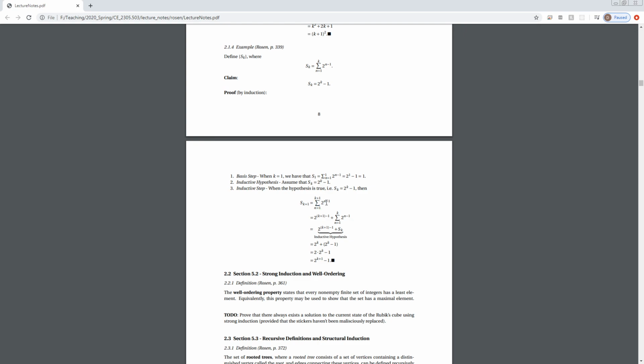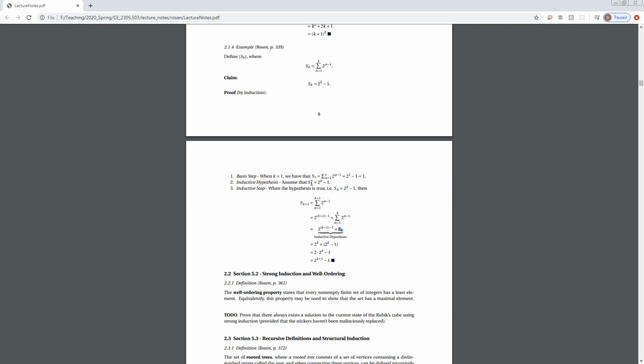And then, again, we strip out the latest term. We strip out the new information. So 2 to the k plus 1 minus 1 would be right here. And then we've reduced the remainder of our sum to, again, the previous information, the already known information, what we are already assuming to be true in this form.